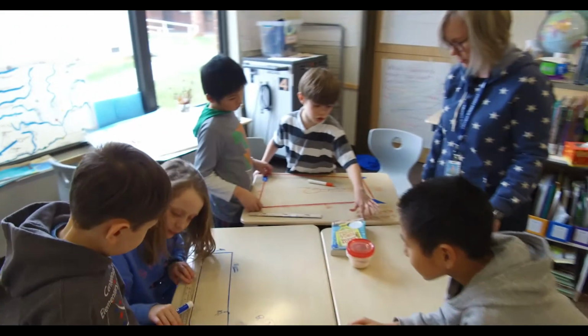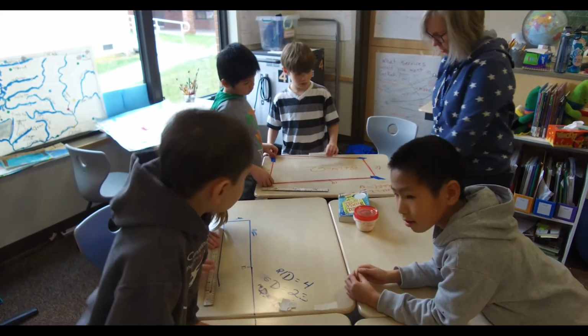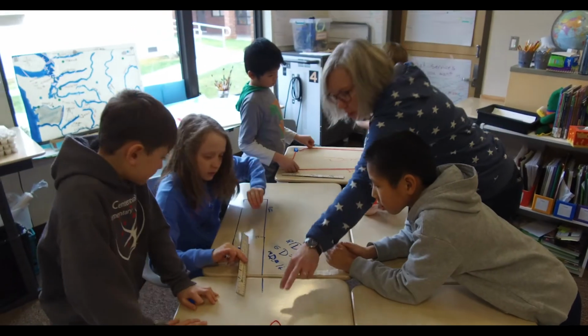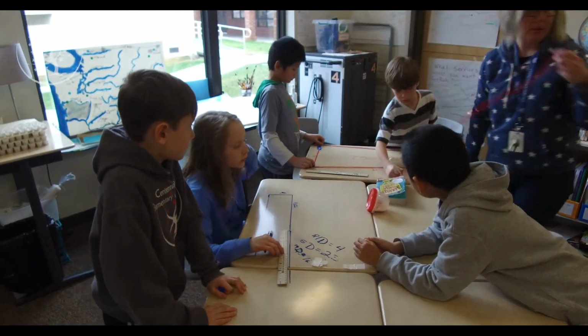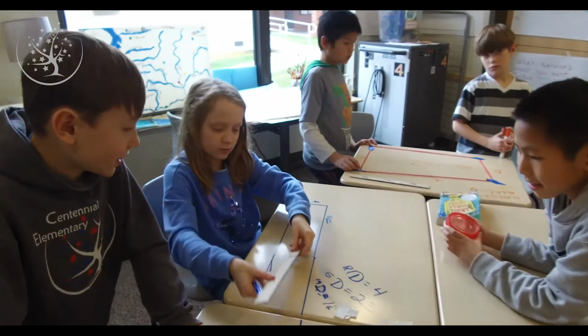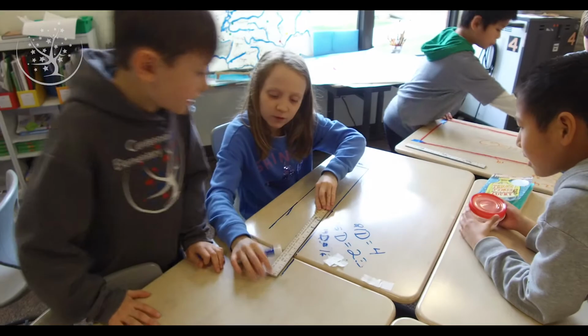No, because we know one side is 12. Correct. I'm going to borrow your string. Yeah, we aren't using it. I don't see the point in drawing the rectangle if we already figured this all out.